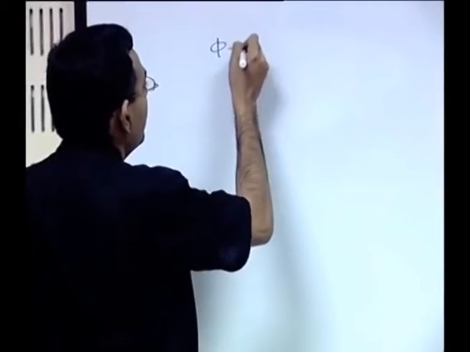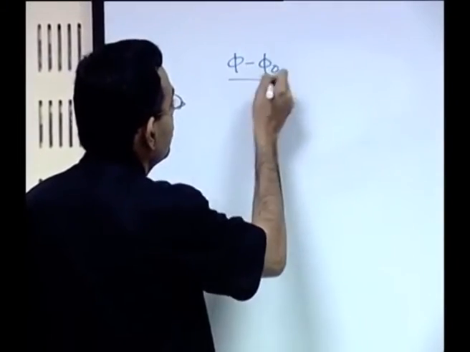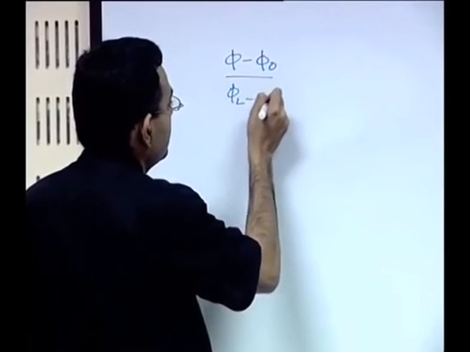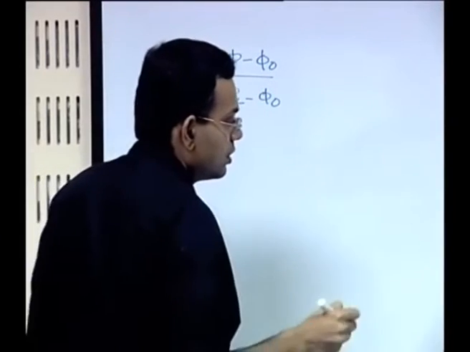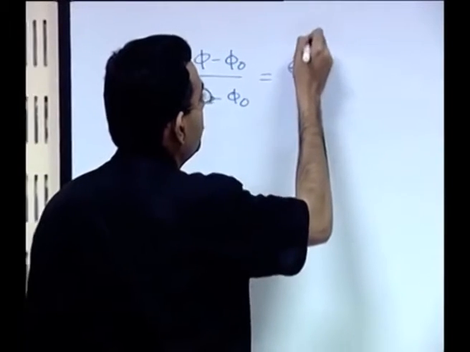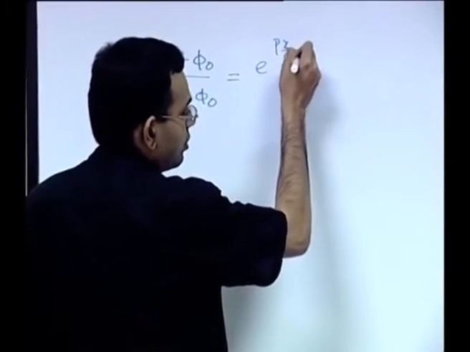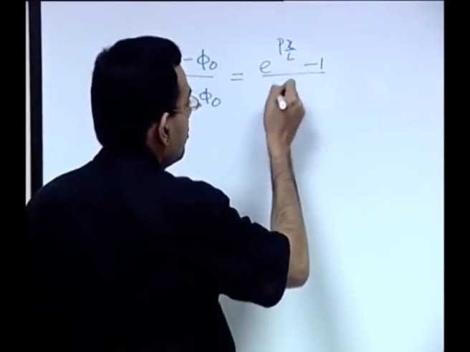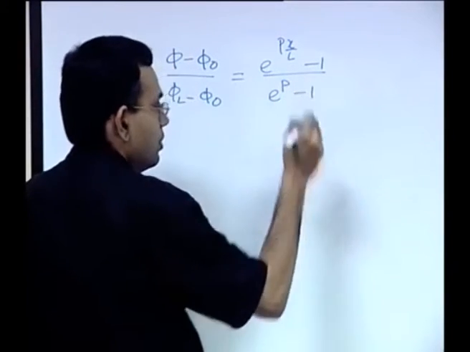Or in terms of the original variables, (phi minus phi 0) by (phi L minus phi 0) is equal to (e to the power Px/L minus 1) by (e to the power P minus 1).